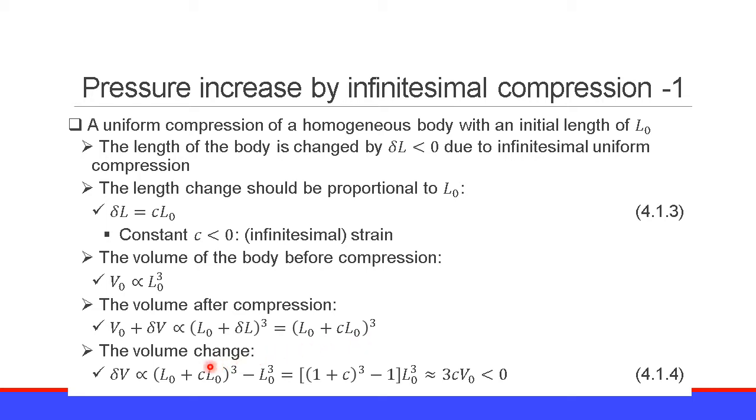Therefore, the volume change delta V is proportional to (L0 plus C L0) cubed minus L0 cubed, which is equal to ((1 plus C) cubed minus unity) times L0 cubed, which is nearly equal to 3C V0, Equation 4.1.4.